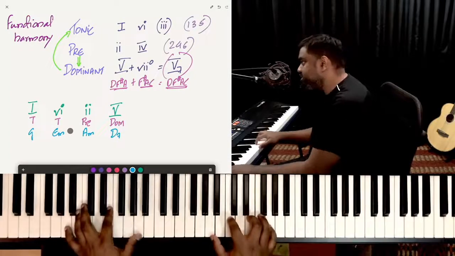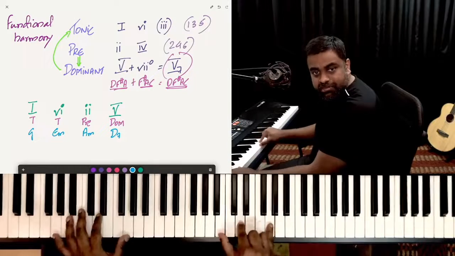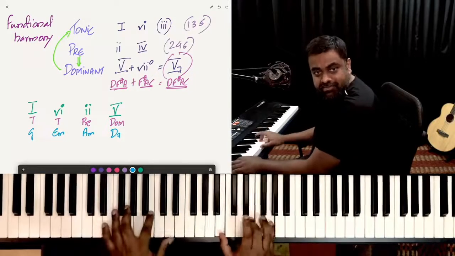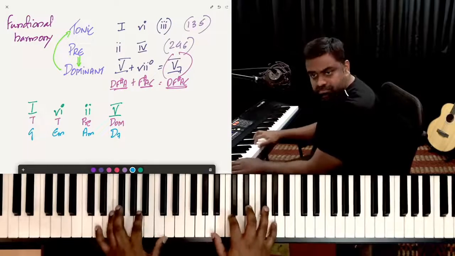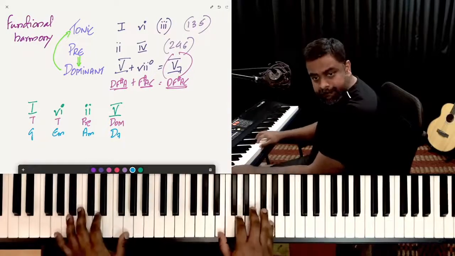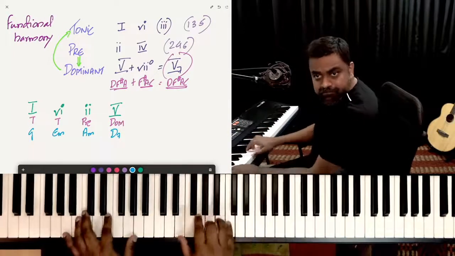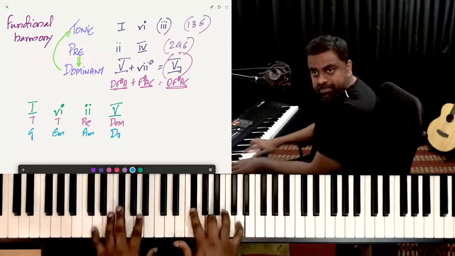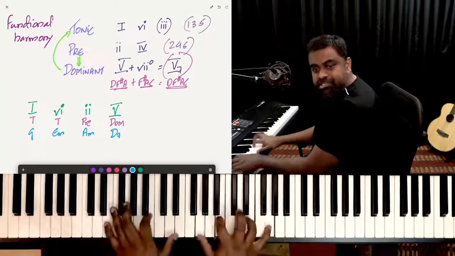I'm using inversions, by the way, for piano players watching. That helps me change easily. It inspires a melody.